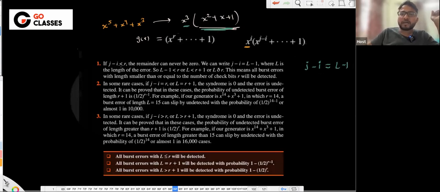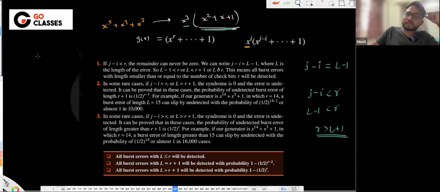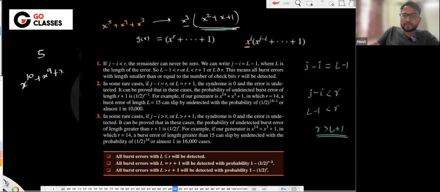So they are saying that if j minus i is lesser than r, which means r is greater, then they are saying that if r is greater than L plus 1, which means the generator that you are having here is greater than your length plus 1. Let's suppose your burst length is 5. The error length could be 5. Then your generator, let's suppose, is x power 10 plus x power 9 plus x power 8, something like this, right? If this is your generator, then it can always detect all the errors of burst length 5.